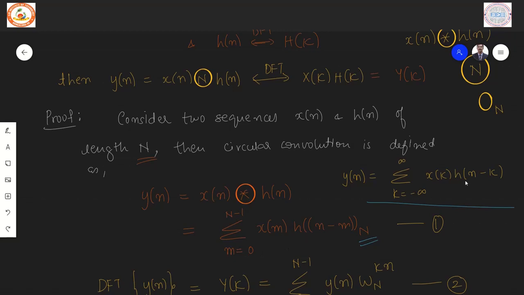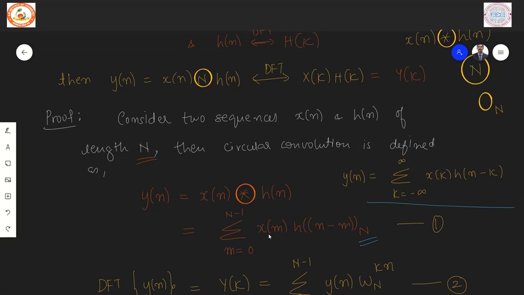The second difference you can see here is that we have simply h of n minus k, where the minus k is telling about the reflection. So h of k is folded, and then it is shifted by the amount n.